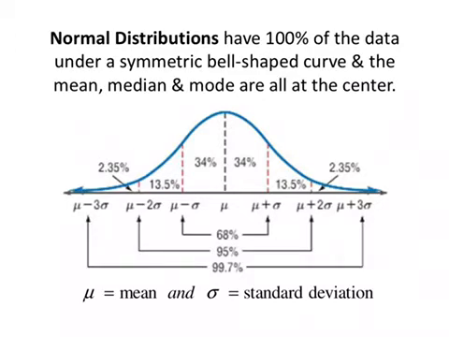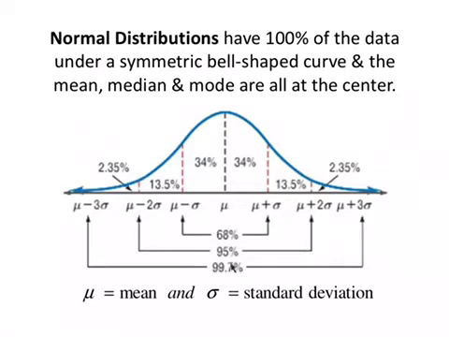Now, another thing is if your mean's in the middle, if you take one step to the right and one step to the left using a standard deviation measuring stick, that means that 68% of your data should be in between these, or 34 on the right and 34 on the left. Also, if you take 2 steps to the right and 2 steps to the left, you get 95% of the data.